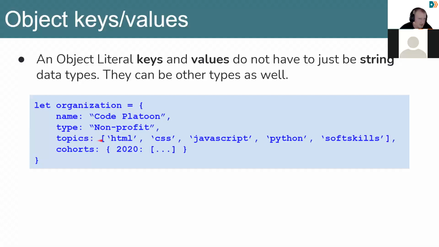I don't want to just hold one string of topics. I might want to hold a lot of different topics inside of my object literal, because it's trying to represent an organization like Platoon. So I'm just representing one organization inside this one object.